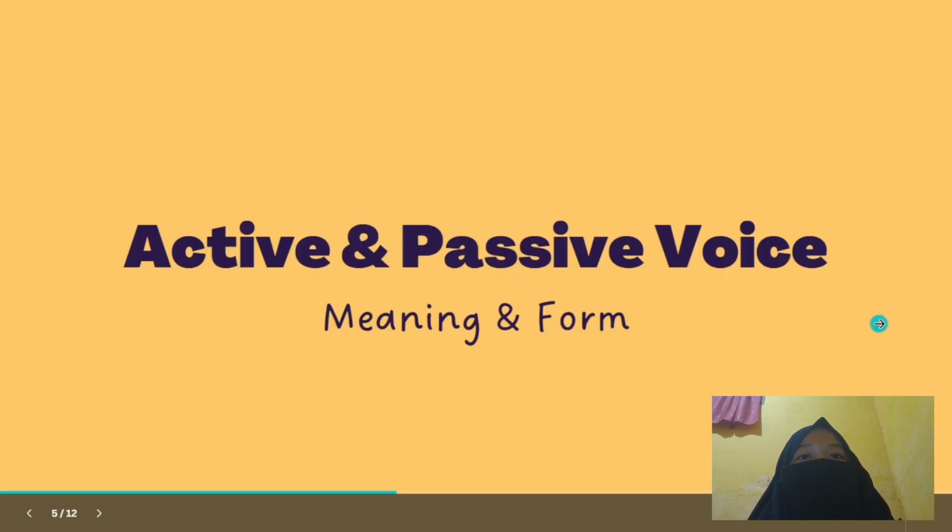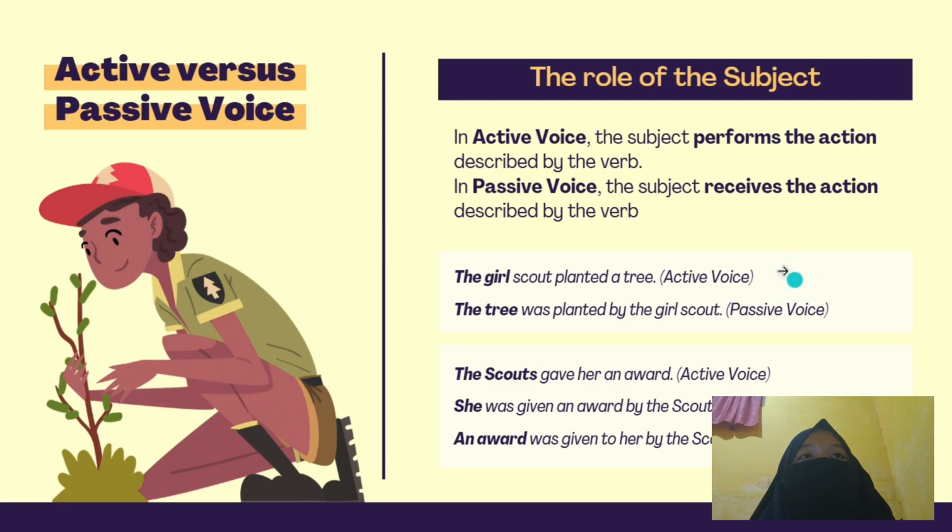So, the role of the subject. In active voice, the subject performs the action described by the verb. In passive voice, the subject receives the action described by the verb. The girl scout planted a tree.